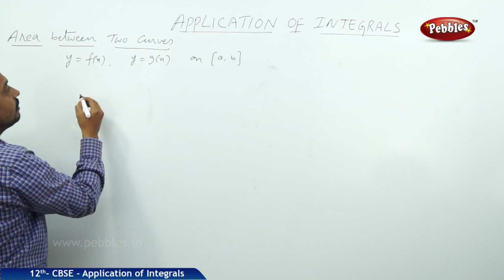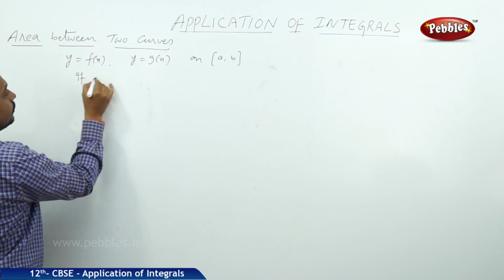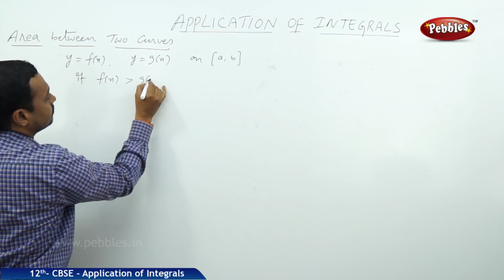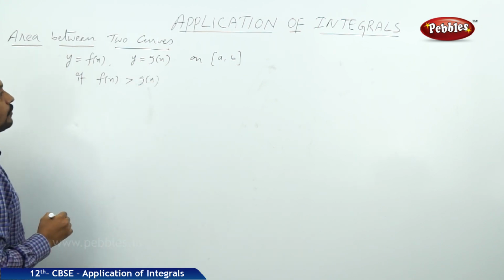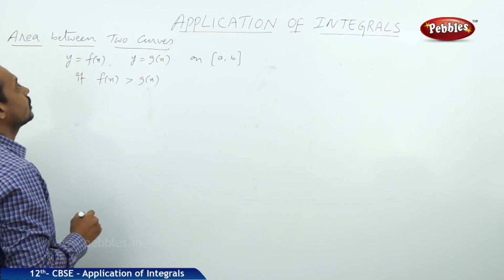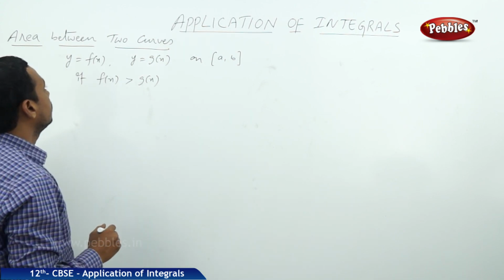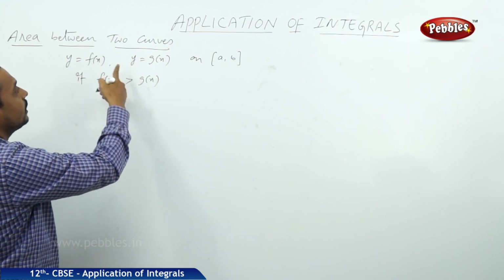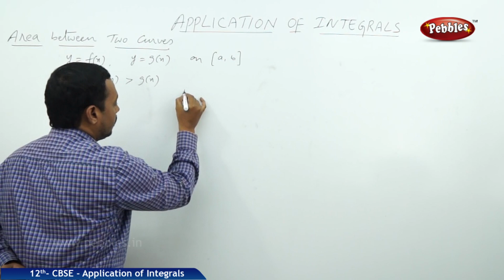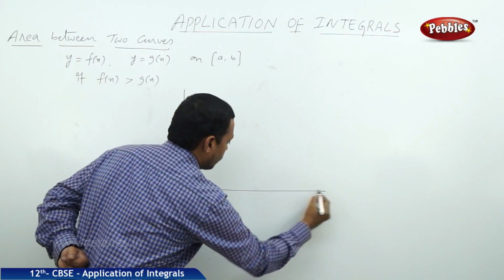But on that interval, suppose f of x is greater than g of x. Then how to find the area formed by these two curves? Now here let us consider the two curves to be like this.